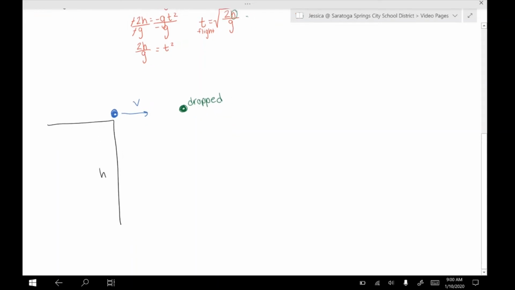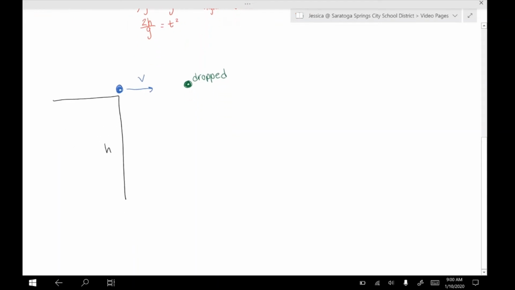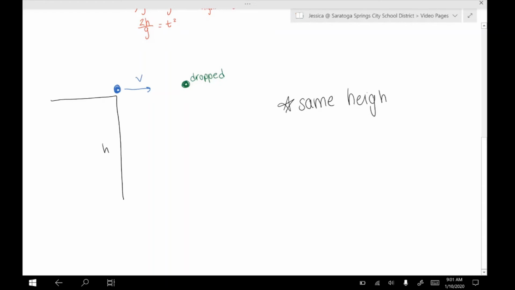What's interesting is, as long as these two objects, the blue object and the green object, are dropped from the same height, they are going to have the same time of flight. Even though they have different horizontal motions, right?